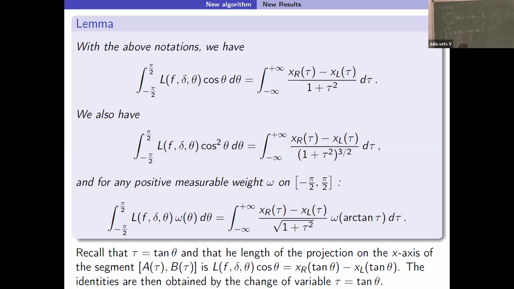This is the same as the integral. Let me write an extra term. So it's the same variable as here, from minus pi over 2 to pi over 2, of the right point of tangent of theta minus the left point of tangent of theta.